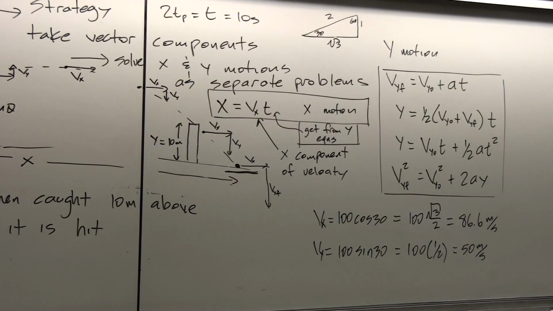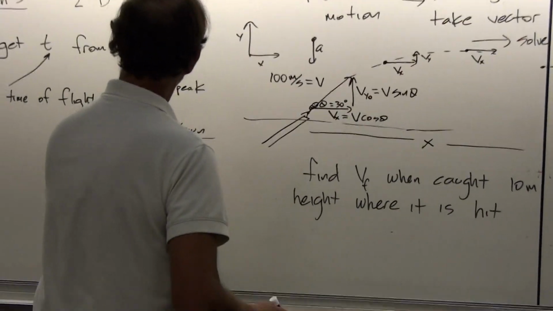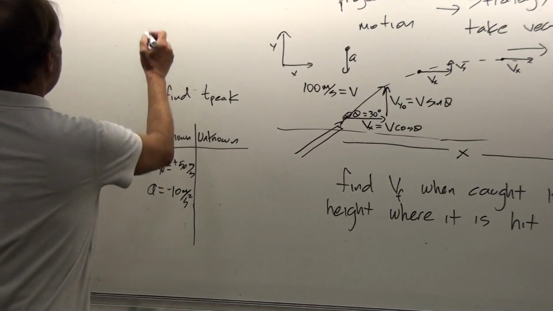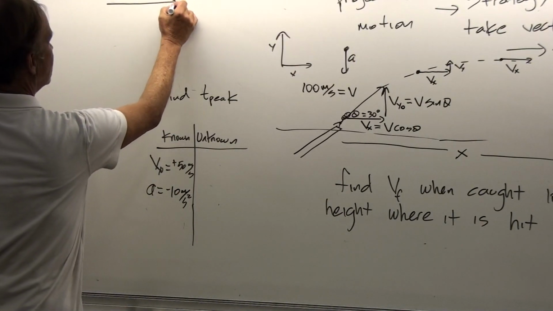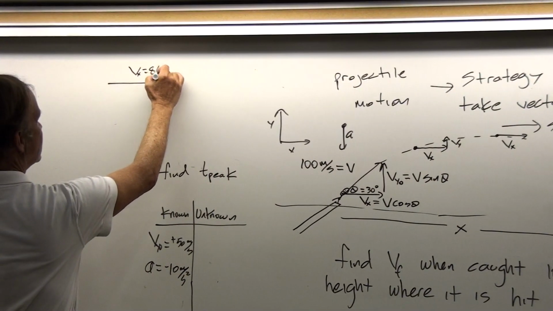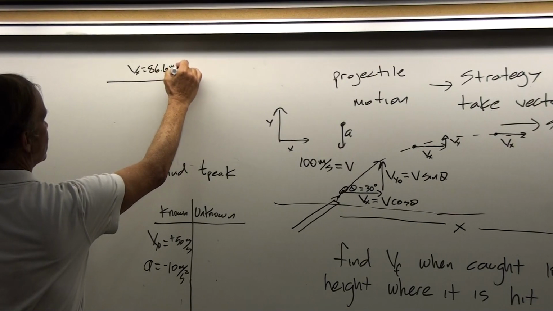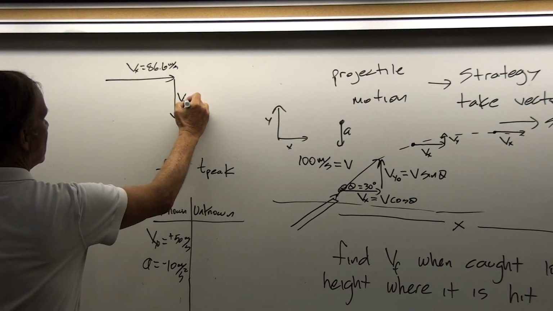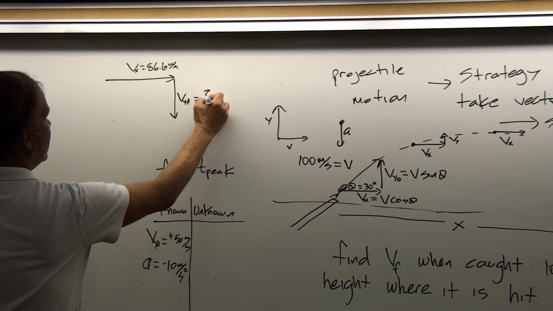And so here we can get ready for finding the final velocity by knowing that this is Vx, and that'll be 86.6 meters per second. The Vy final is not known yet.